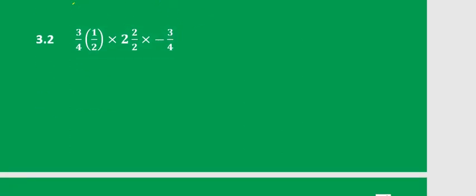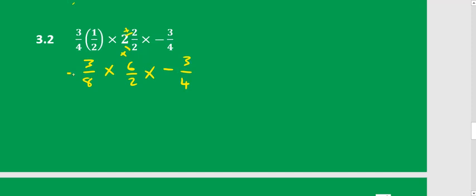For 3.2 we've got a bracket that we must get rid of. 3 times 1 is 3, 4 times 2 is 8. We want to again convert the mixed fraction into an improper fraction. 2 times 2 is 4, and 4 plus 2 is 6. So we've got 6 over 2 and negative 3 over 4.